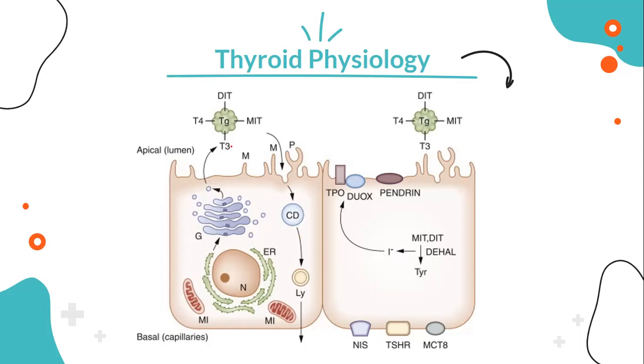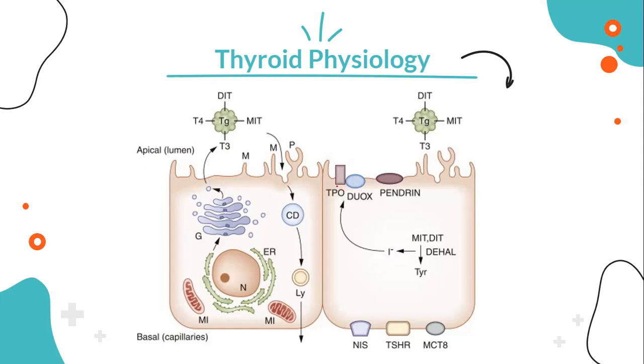Most of the chemical reactions take place in the apical pole. Here we have a really important enzyme, which is the TPO, thyroid peroxidase, in Spanish tiroperoxidasa.